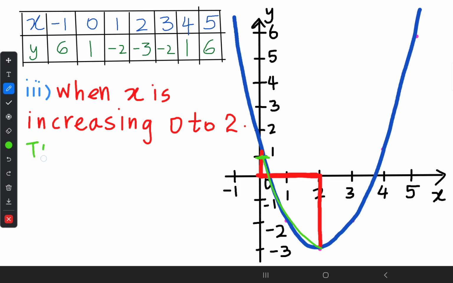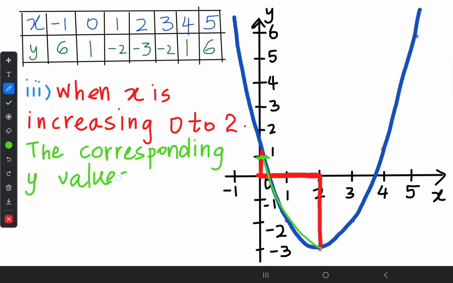The corresponding y values. Corresponding is important. When x is increasing from 0 to 2, what is happening to the corresponding points? The corresponding y coordinates are decreasing from 1 to -3.